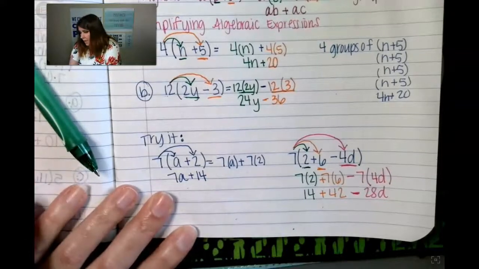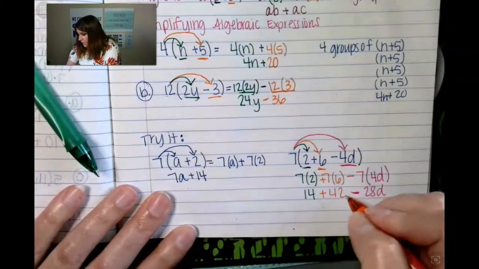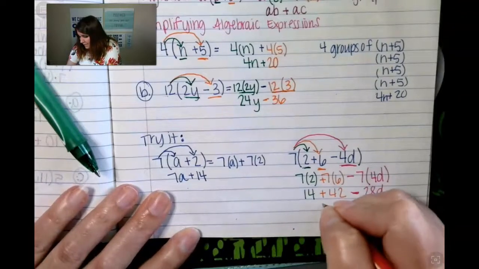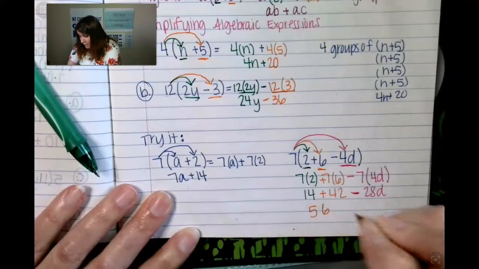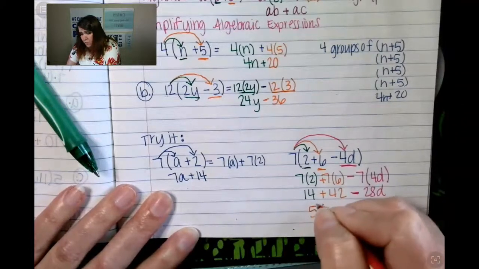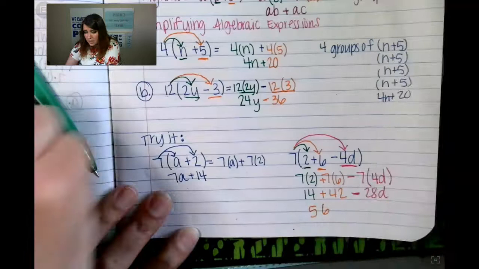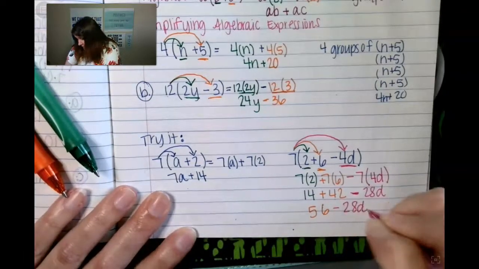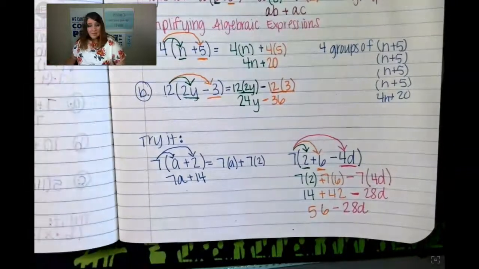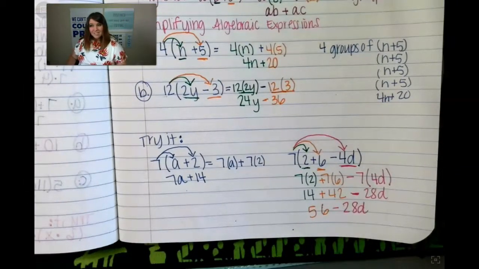Sorry, guys. Okay, and then 14 plus 42 is 56 when we combine those, because those two numbers can go together. Numbers with numbers, minus 28d. Okay, that is that. That one is simplified.